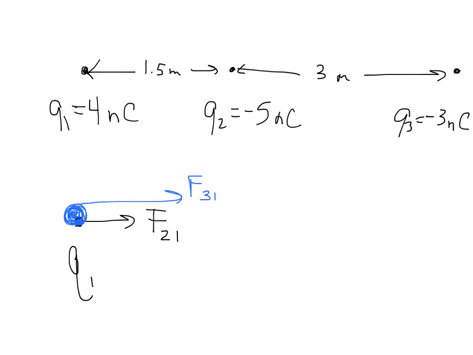Now, how would you find F31 and F21? You would do F equals k|Q3||Q1| over r squared. And let's use absolute values here because we already took into account the negative signs. What's the r value between particles 1 and 3? 4.5.